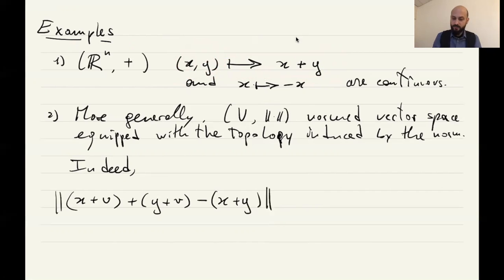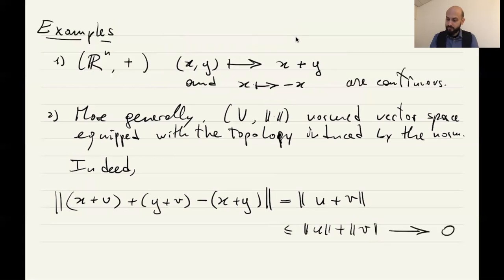I should say that this goes to 0 when u and v go to 0. This is equal to u plus v, whose norm is at most the norm of u plus the norm of v, and this quantity goes to 0 as the norm of u and the norm of v go to 0. So the sum is continuous.